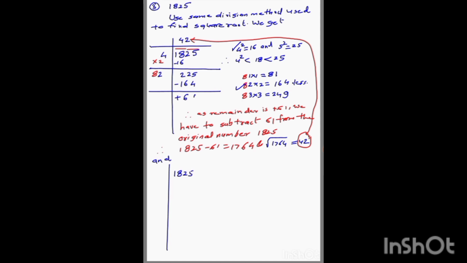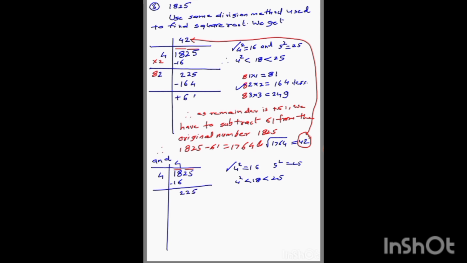Now we are carrying out the same again for the higher number, which is a perfect square. So 1825, same thing, bars, we have already done it. 4 square is 16. This is just for practice or just to understand it. So 4 square is less than 18, less than 5 square or 25. So we take 4 into 4 is 16, same thing, till 225 is same thing. After that it changes.